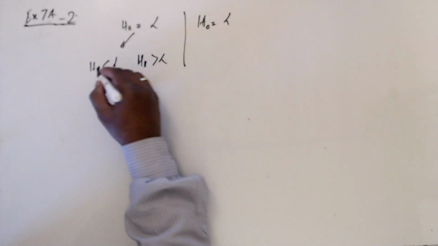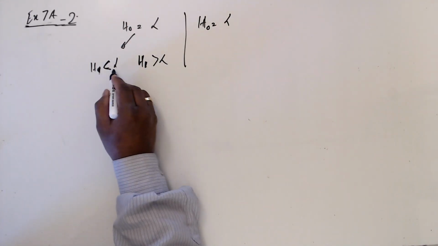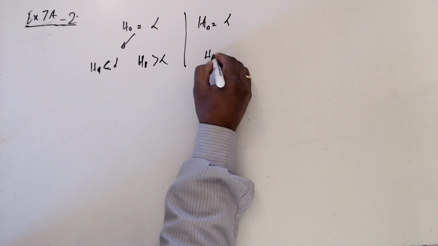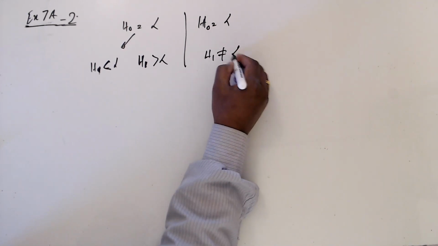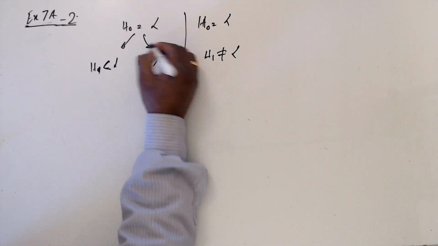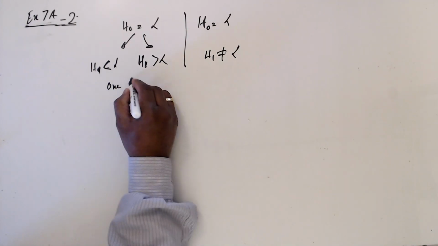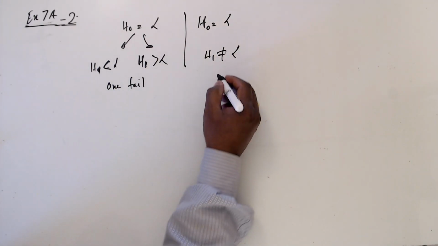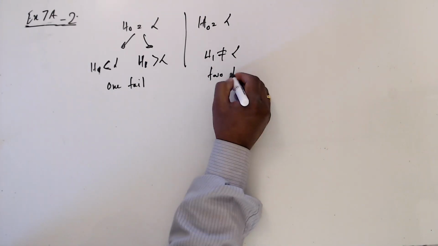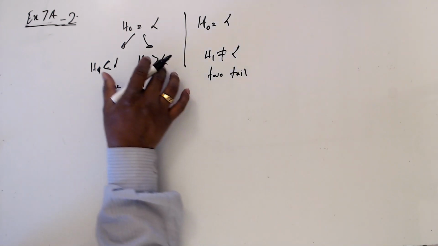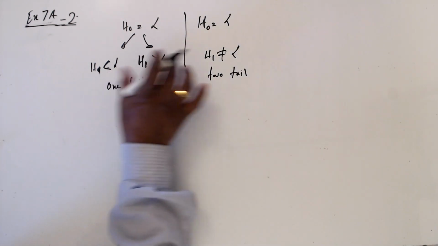Then the alternative is less than or greater than, and the alternative is not equal to alpha. So those are one tail. This is two tail. Two tail means we have to use both options here.